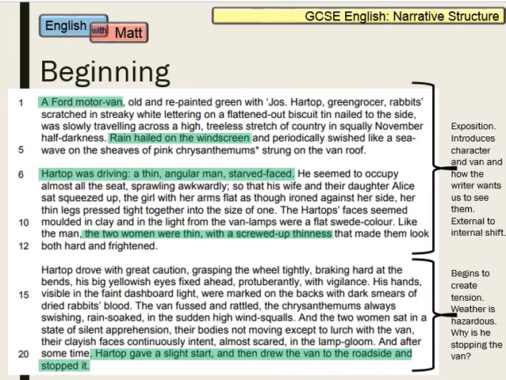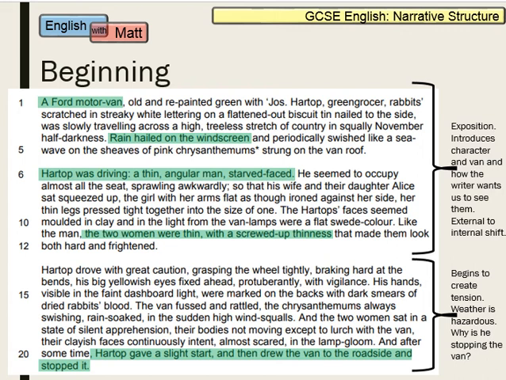Like the man, the two women were thin, with a screwed-up thinness that made them look both hard and frightened. Hartop drove with great caution, grasping the wheel tightly, braking hard at the bends, his big yellowish eyes fixed ahead, protuberantly with vigilance. His hands, visible in the faint dashboard light, were marked on the backs with dark smears of dried rabbit's blood.